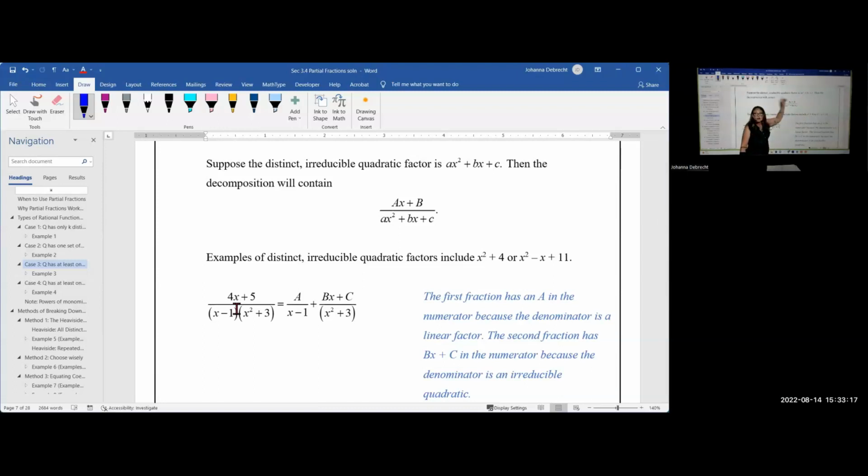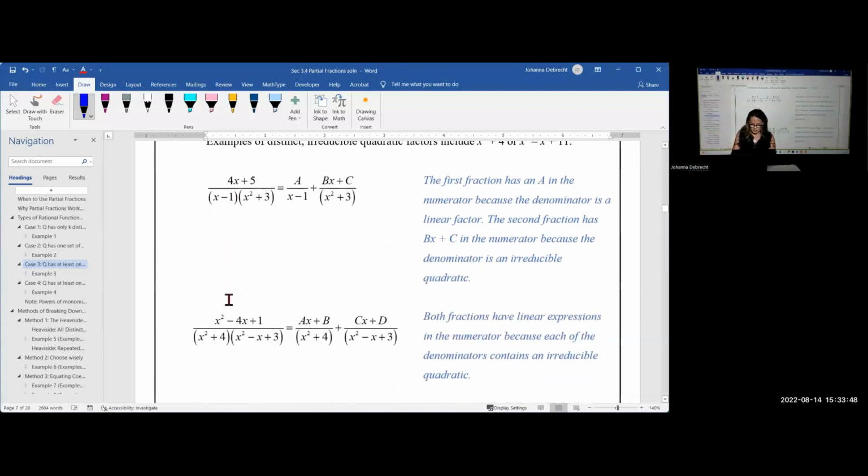And to make the numerator precisely 1 degree less, we make it linear, capital A x plus capital B. Now the capital A and the lowercase a, they're not related. The capital B and the lowercase b, they're not related, right? They are all constants, all real numbers, but they are not related. Let's take a look at some examples of how to decompose with irreducible quadratic factors that are different.